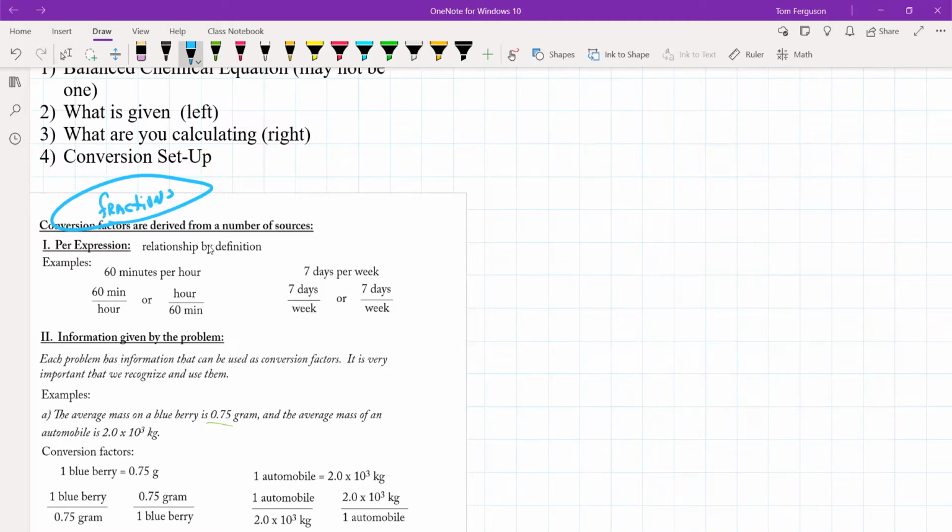Well, there's 60 minutes equals 1 hour. That way we can form a fraction with 60 minutes over 1 hour or 1 hour over 60 minutes. Or 7 days a week: 7 days over 1 week, or 1 week over 7 days.